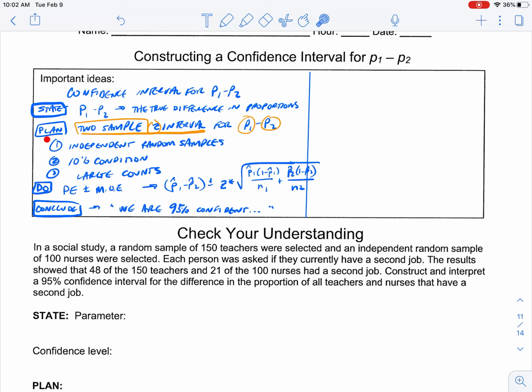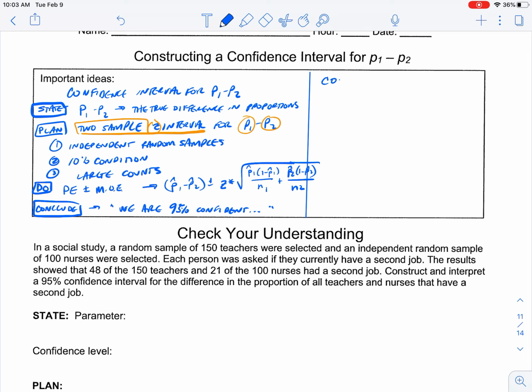So you want to make sure you say, this is what I'm doing. Here's my plan of what I'm going to do. I check my conditions. I actually do the mathematics, and then I interpret it. We're 95% confident that the interval from here to here captures the true mean number of, or the true proportion of something, okay?